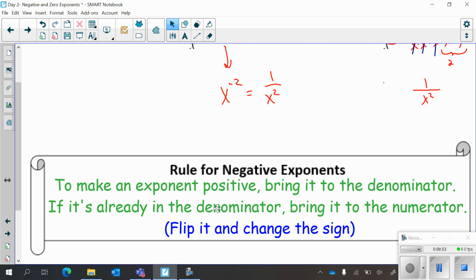So to make an exponent positive, you bring it to the denominator. If it's already in the denominator, though, you're going to bring it to the numerator.